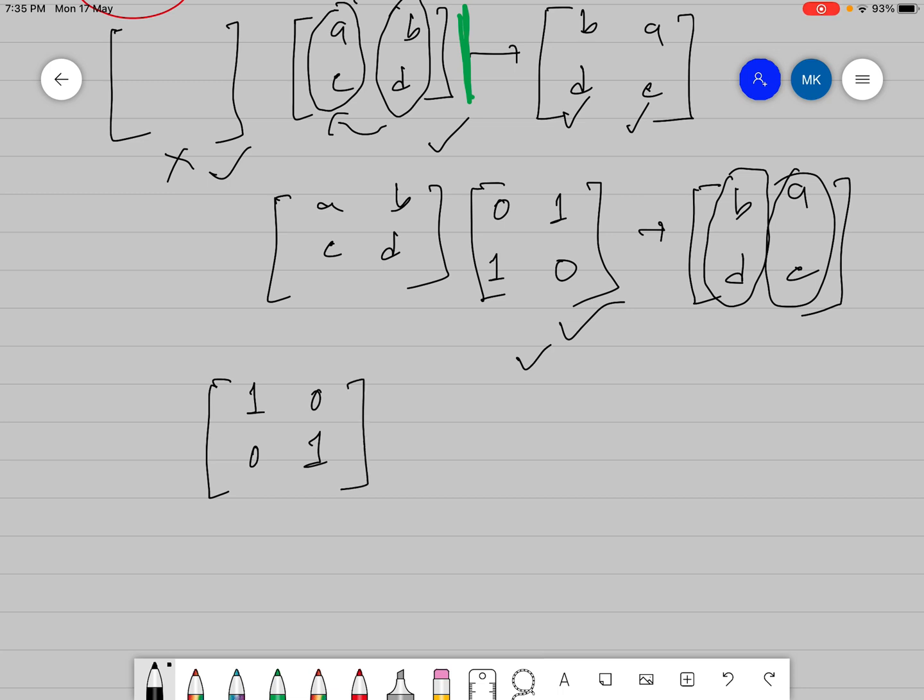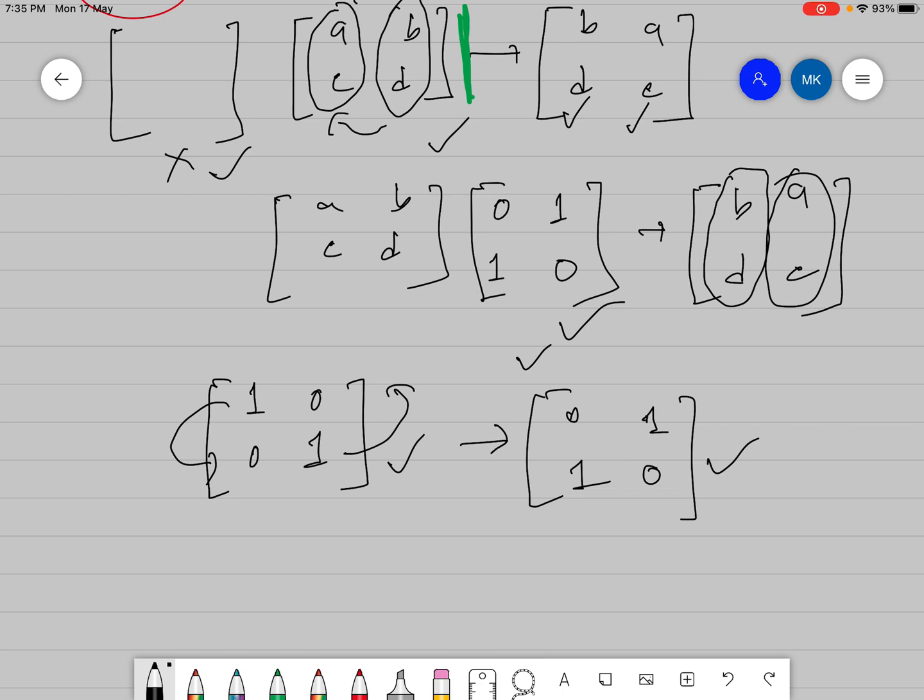To get the exchanged rows, you'll have an operation like this, 0 1 1 0, and if you multiply this matrix with any 2 by 2 matrix in the world, that would exchange the two rows, right?